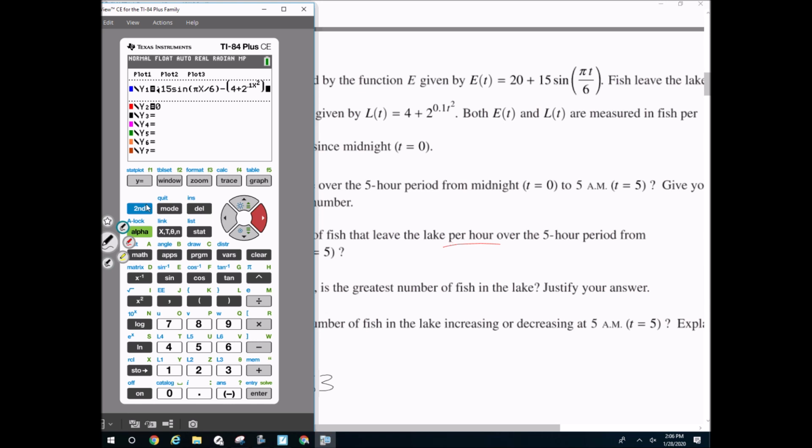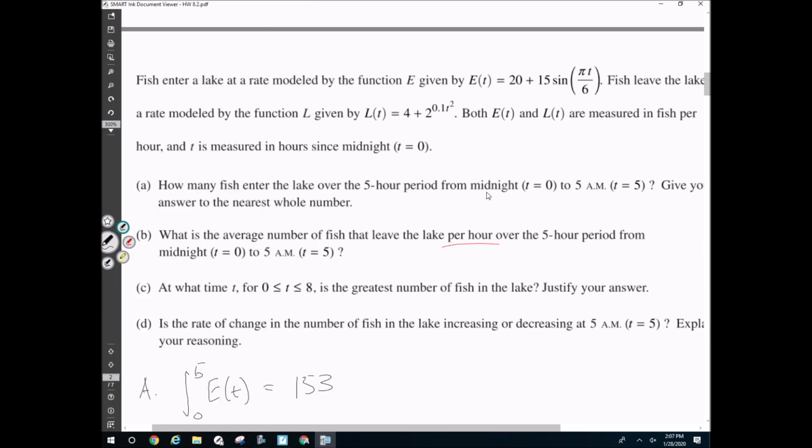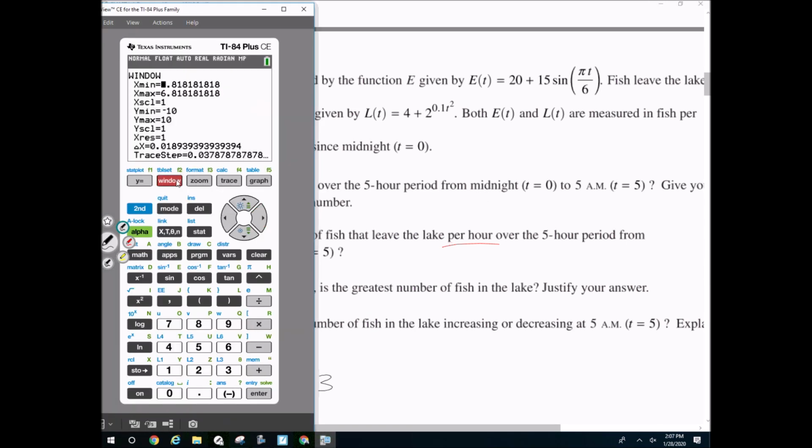What values am I getting? It's all positive. It's coming down. There it is. It's negative. Oh, gosh, Mr. Messner. The window's from 0 to 8. My bad, guys. So it's positive.